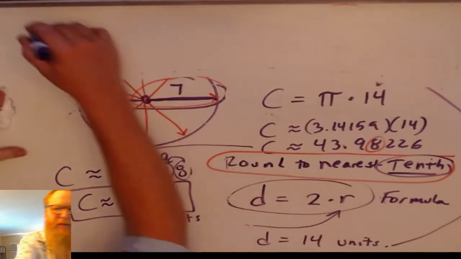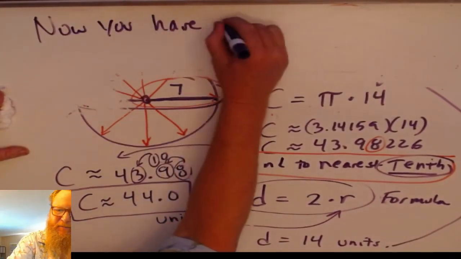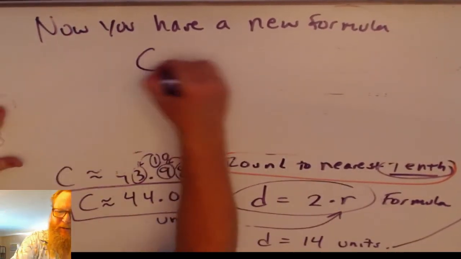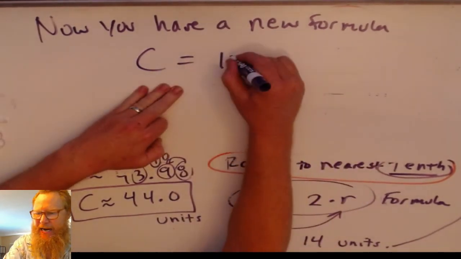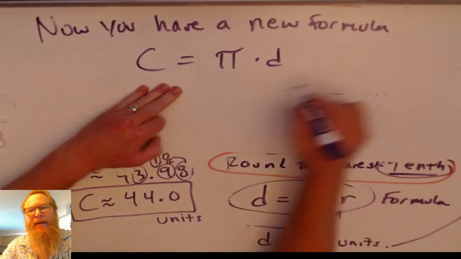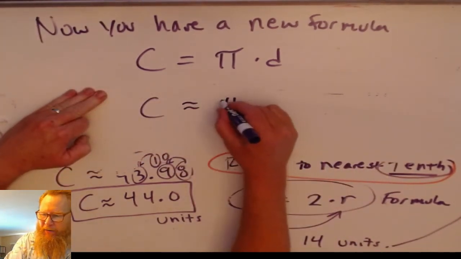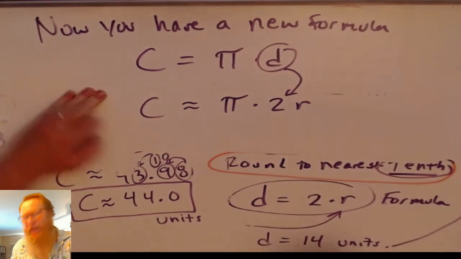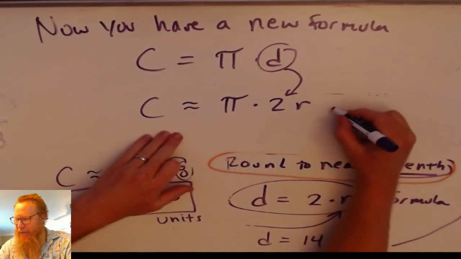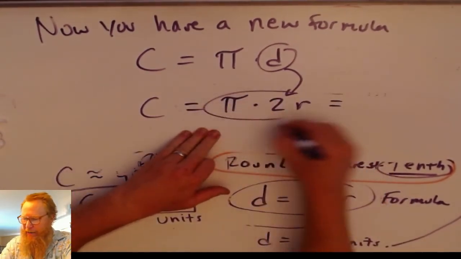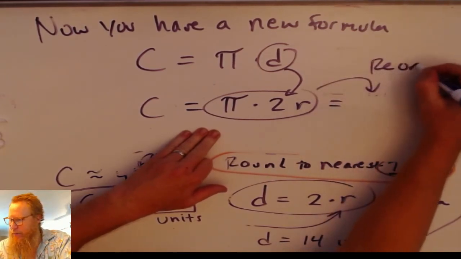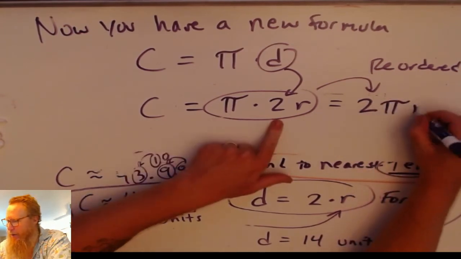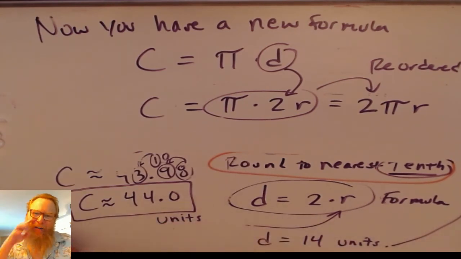So now you have two formulas. You have C equals pi times D, or you can get rid of the D and write it as 2R using this formula, and this is typically rewritten or reordered. 2 goes first, then the pi, and then the R. It's kind of like alphabetical order, right?